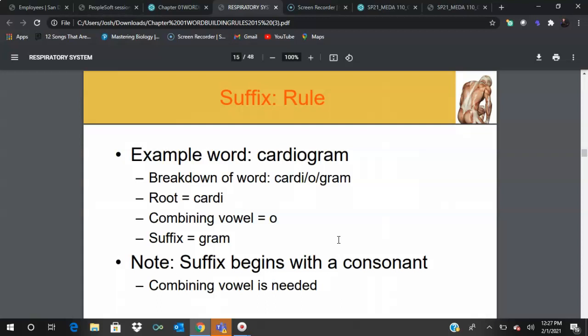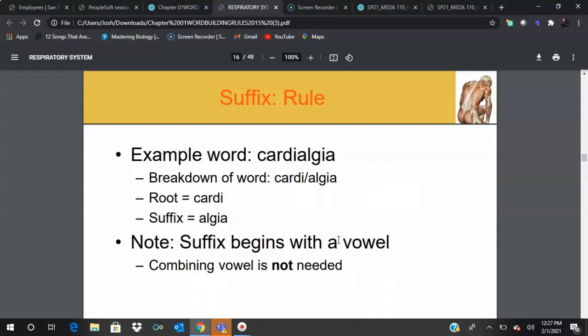Here, gram begins with a consonant, so this is a case where we have to add the combining vowel O. It wouldn't be cardigram, it's cardiogram, because gram starts with a consonant. Then we have to have the combining vowel to grammatically correctly put these two together. So the combining vowel is necessary.